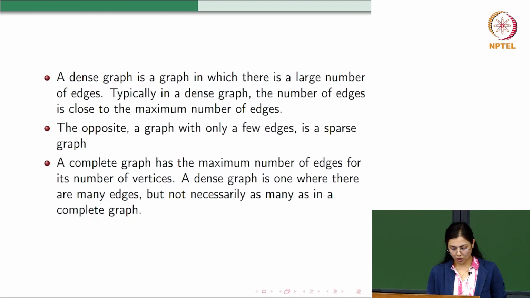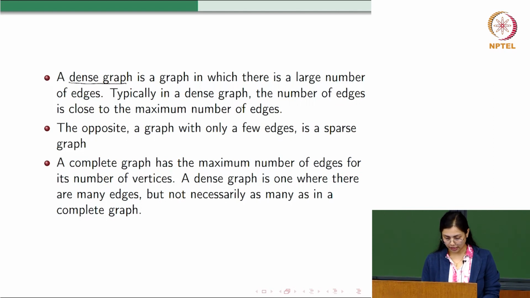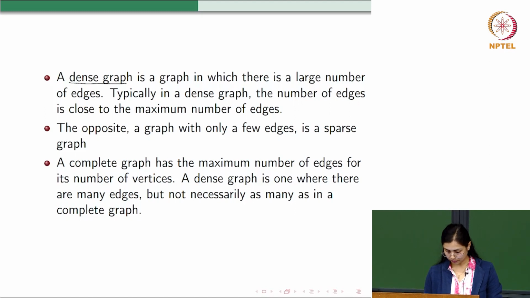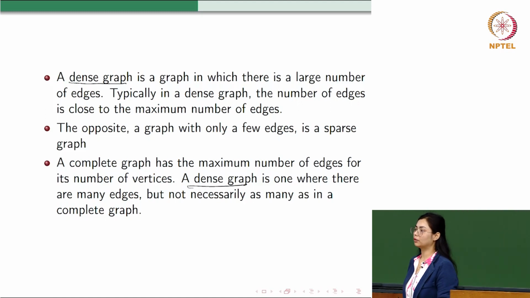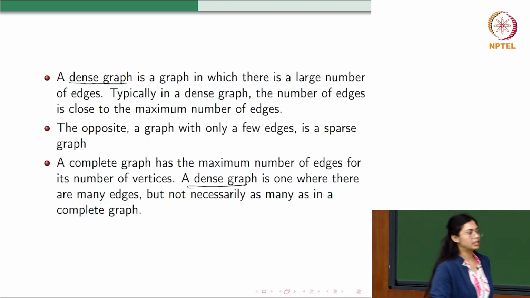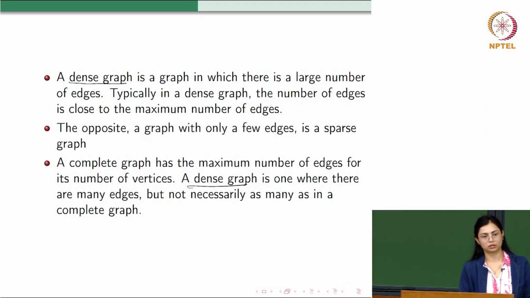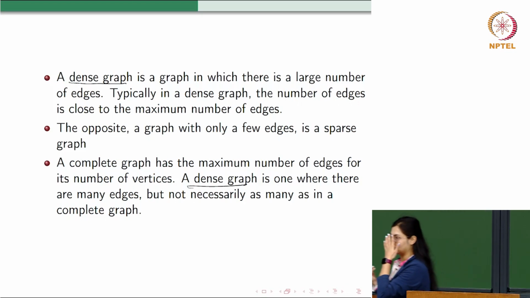Okay, so let's talk about dense graphs. A complete graph is a kind of dense graph. In a dense graph we have a lot of nodes and a lot of edges.